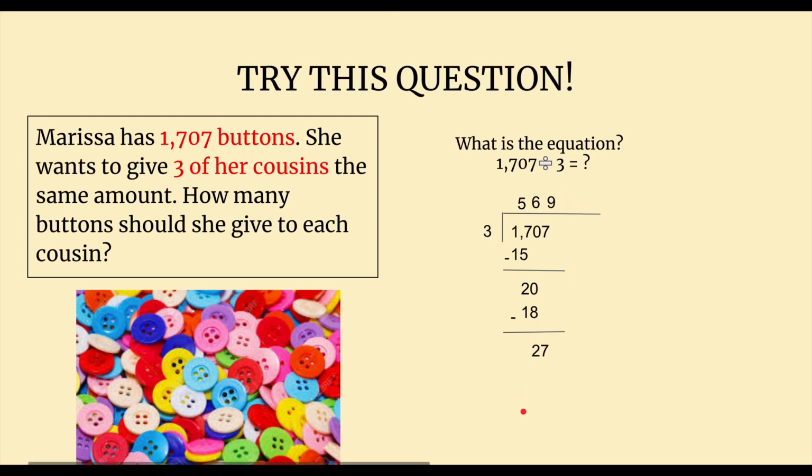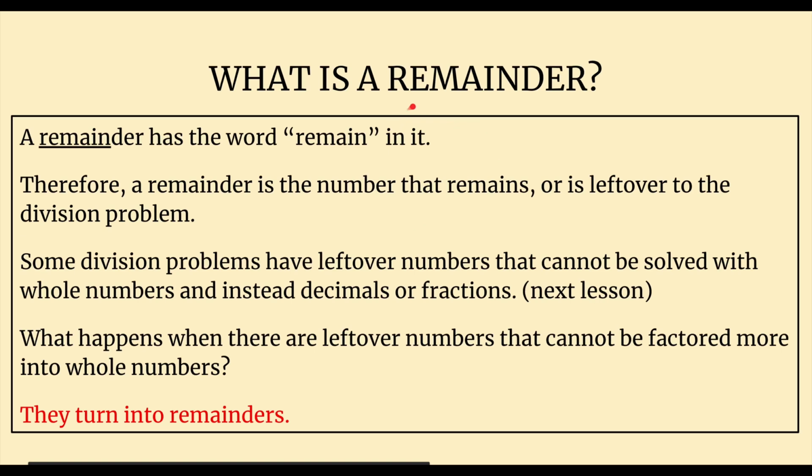So 3 times 9 is 27, and that equals 0, which means this is your final answer. So whenever you get 0 for the last number, that means this is your final answer, because you can't simplify it more.